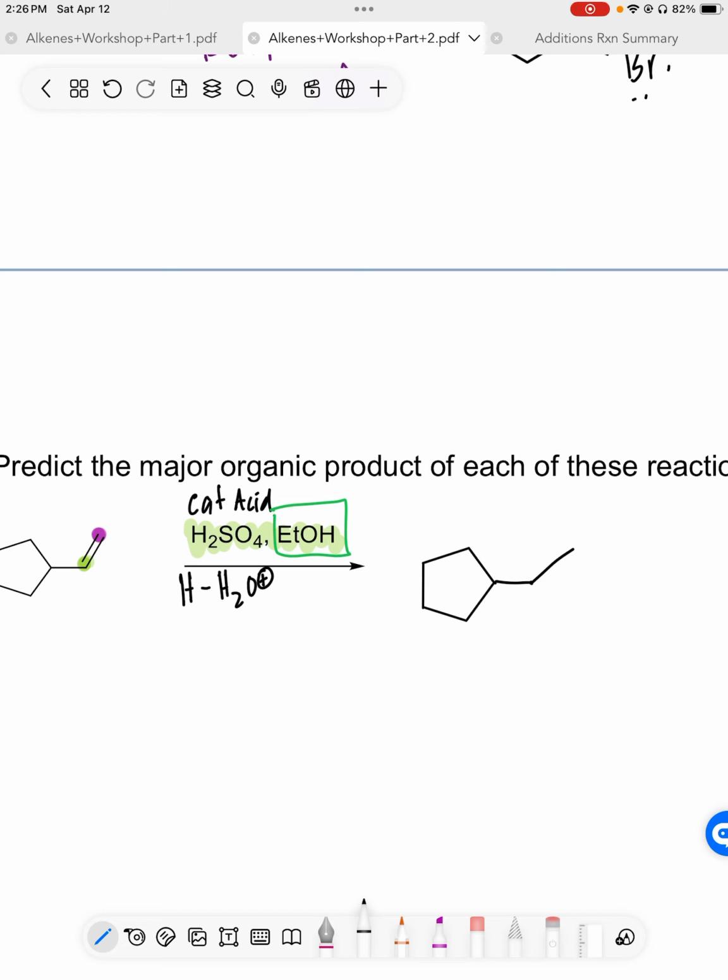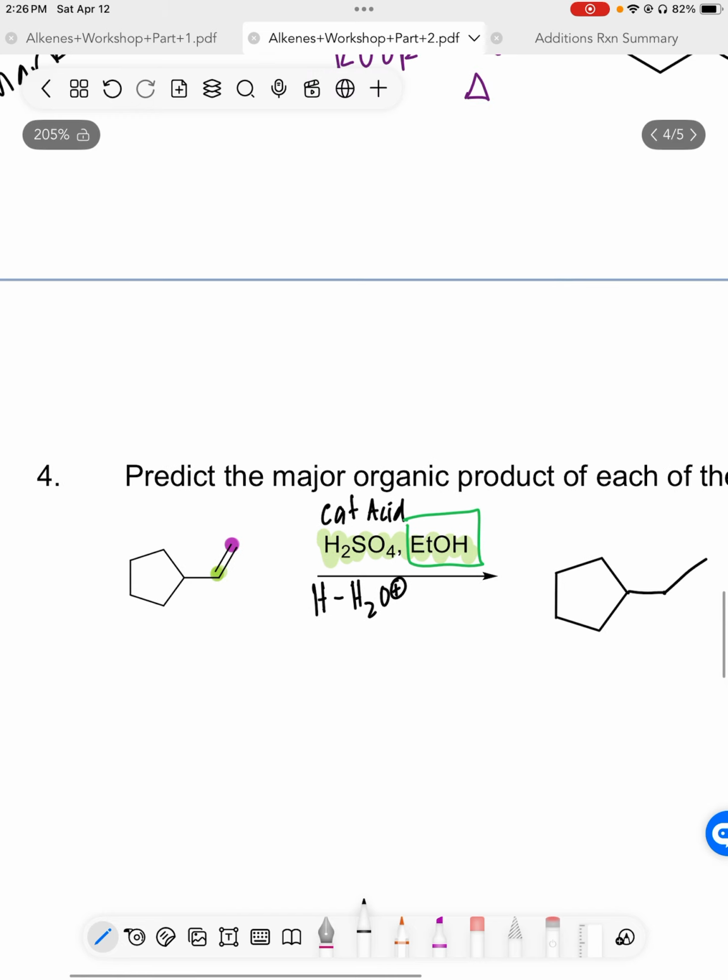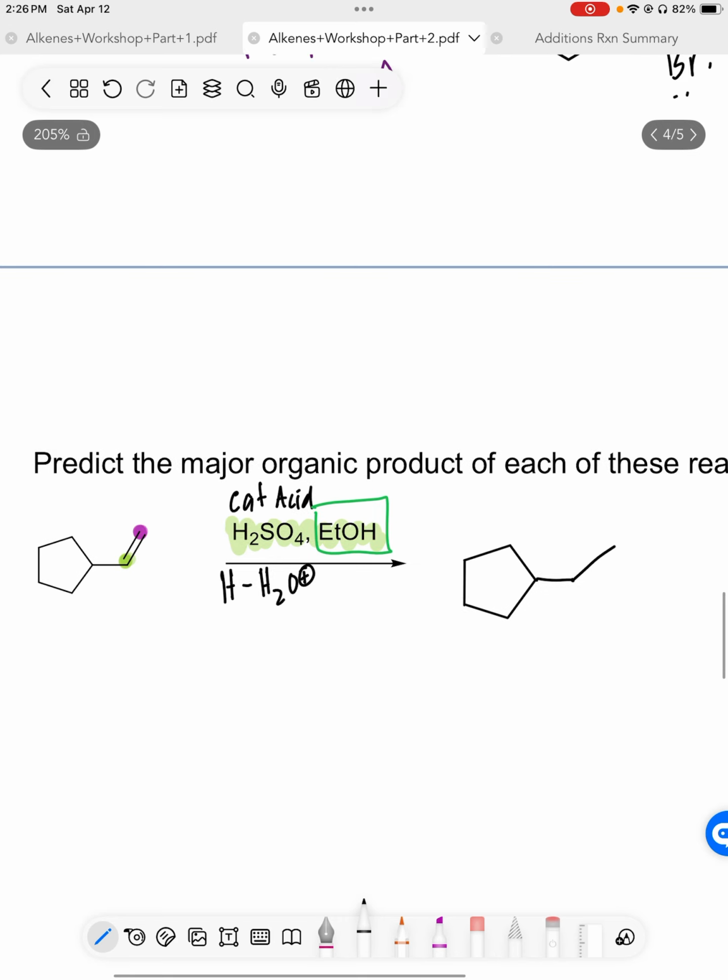So the other thing that we have to do is assess if there's going to be a carbocation rearrangement, right? So this is Markovnikov, so our hydrogen added to our less substituted alkene carbon, and our carbocation is on our more substituted alkene carbon.